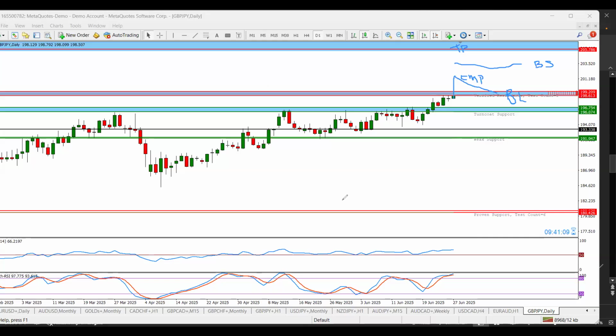Based on the simple explanation you just gave, it's common sense. We are not meant to buy when the market is on the very high side. Based on these drawings, you have the TP, the buy stop, and the current market price, buy limit.